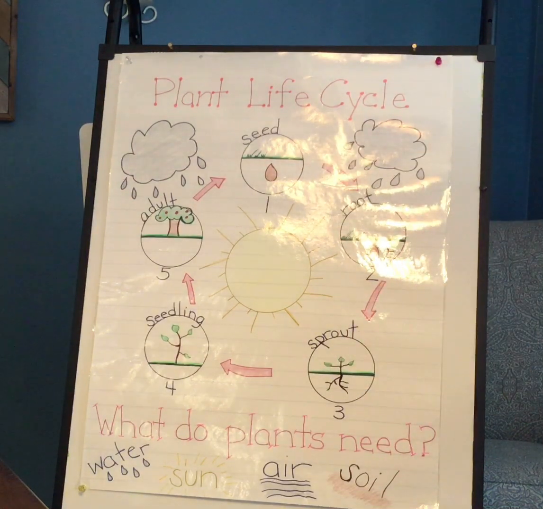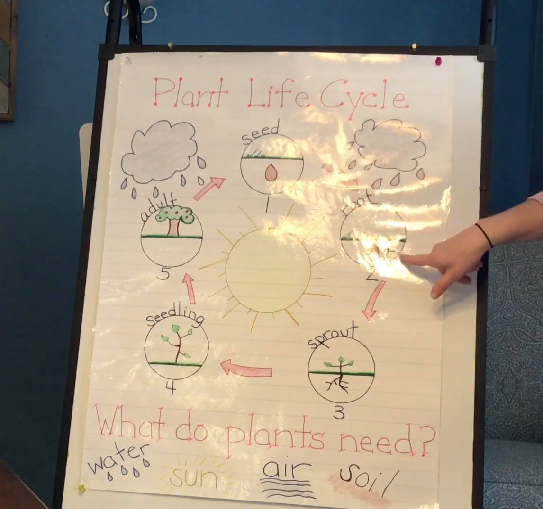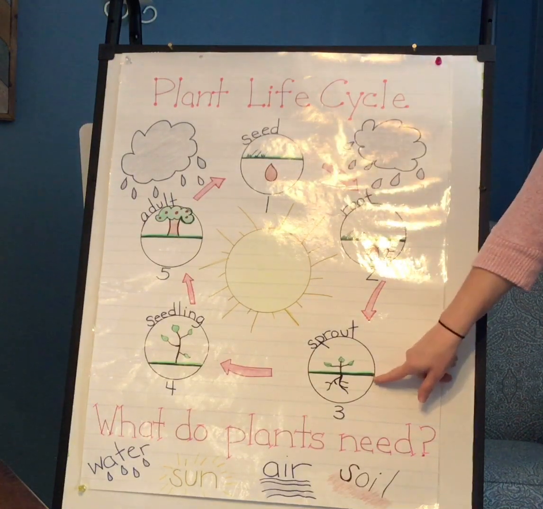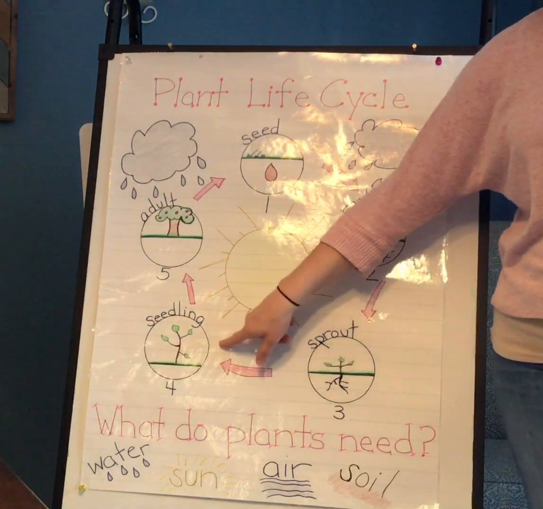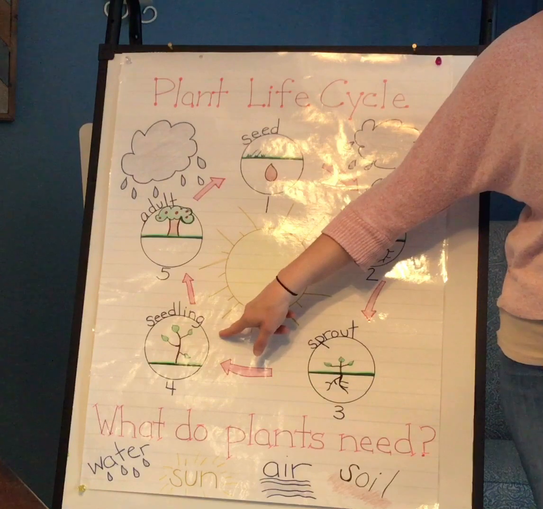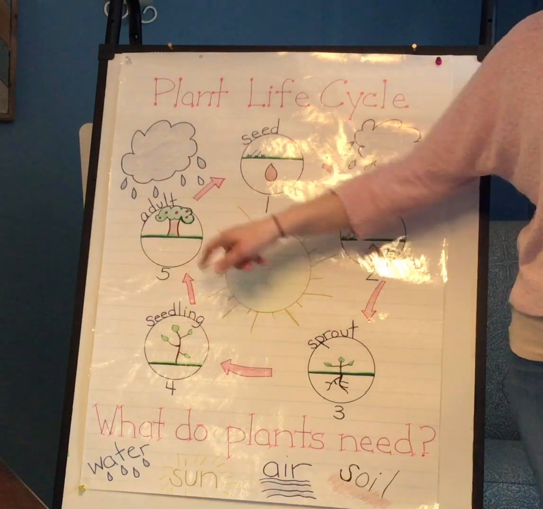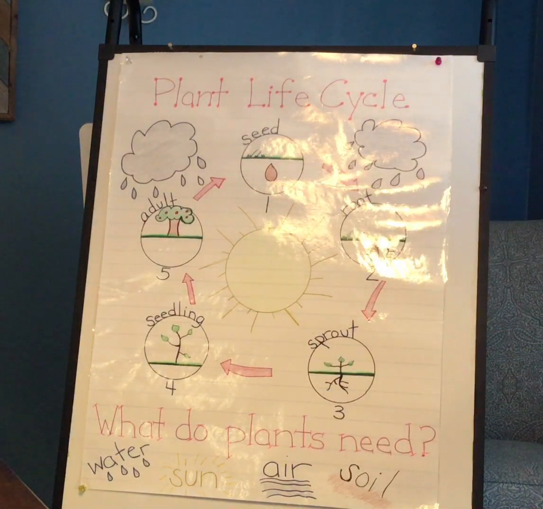So hopefully you understand how the plant goes from a seed, then it grows some roots. Next, it sprouts up and becomes a sprout through that soil. Next, it becomes a seedling, kind of like a baby plant, and finally turns itself into an adult.